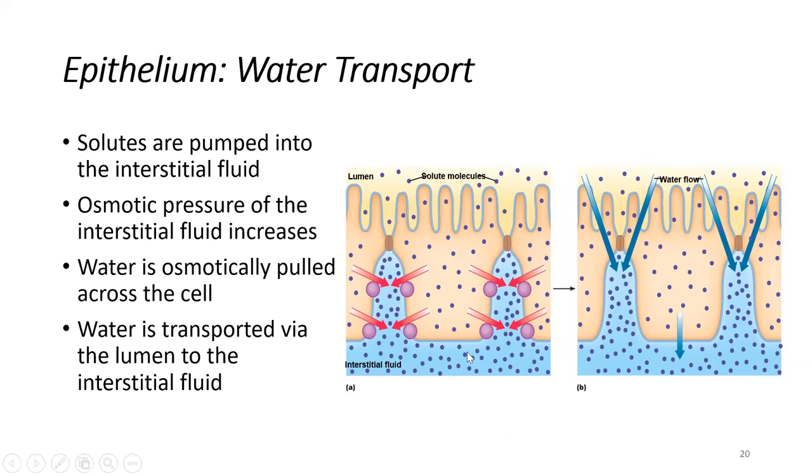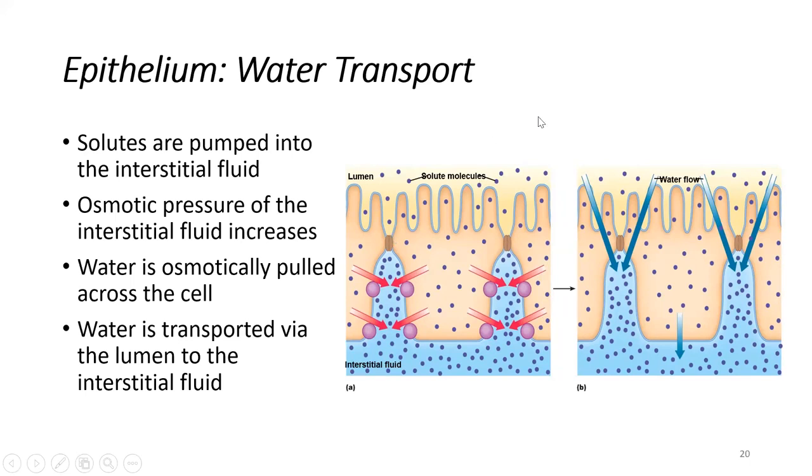So basically we talked about the fact that water moves towards the solute. So from the lower solute concentration to the higher solute concentration. Another way of thinking about that is from the higher water concentration to the lower water concentration. And so if we pump a bunch of solutes in one area, then we create a gradient for water to move towards those solutes as it moves from high to low water concentration.